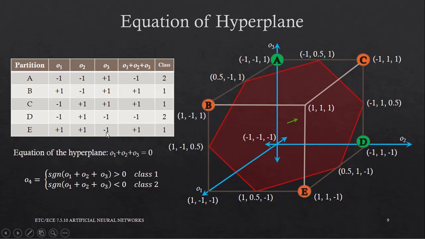And points A, D give a minus 1 response, which says that they lie on the negative side of the plane. This hyperplane consists of points that follow this equation of the plane.